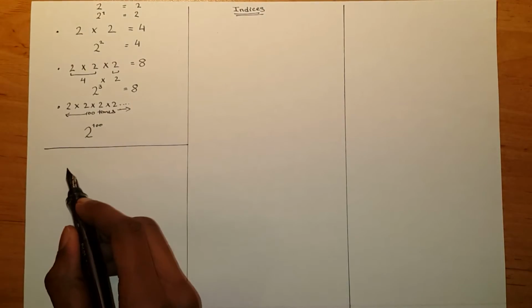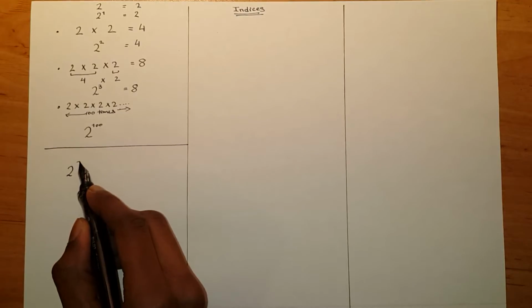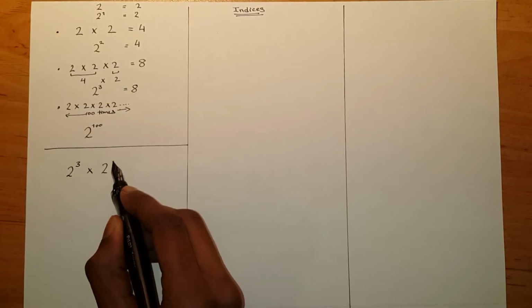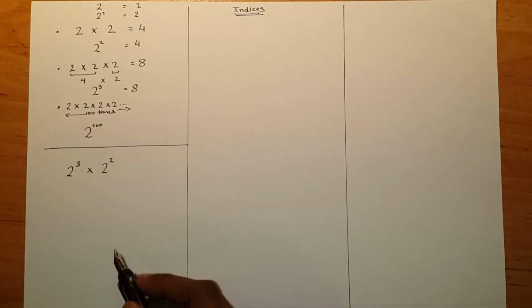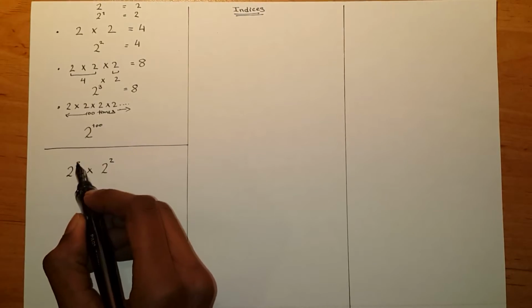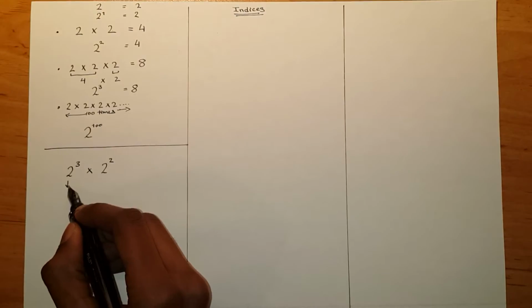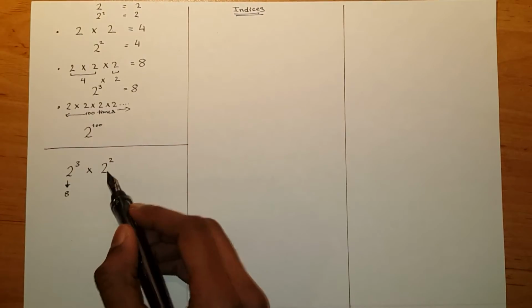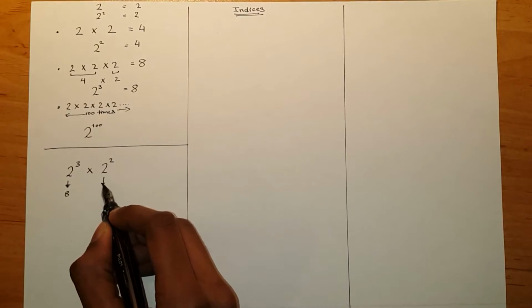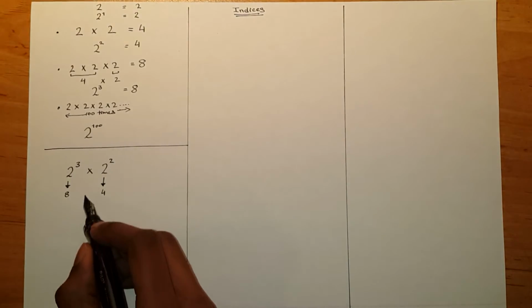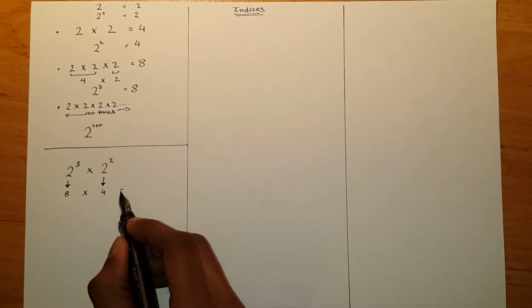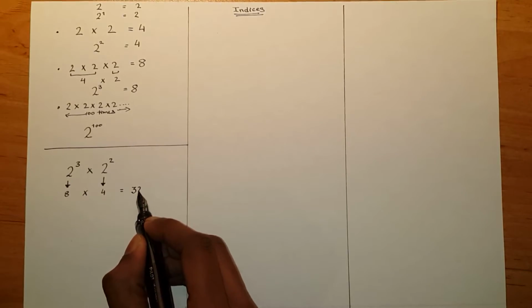Now you have 2 to the power of 3 multiplied by 2 to the power of 2. 2 to the power of 3 is 8, we just calculated that. And 2 to the power of 2 is 4. So it makes 8 times 4, which equals 32.